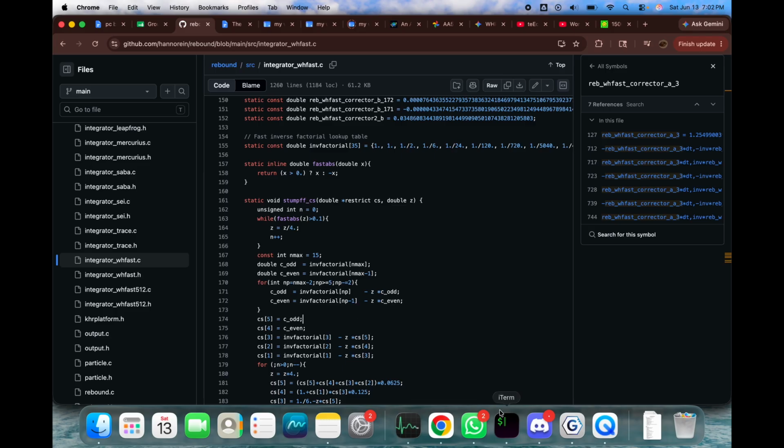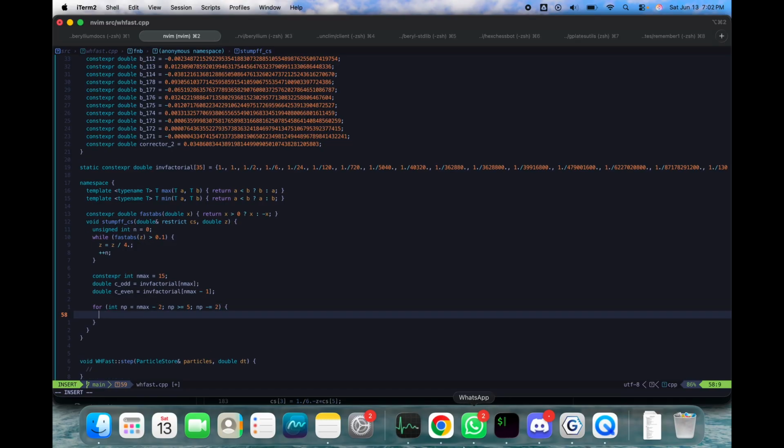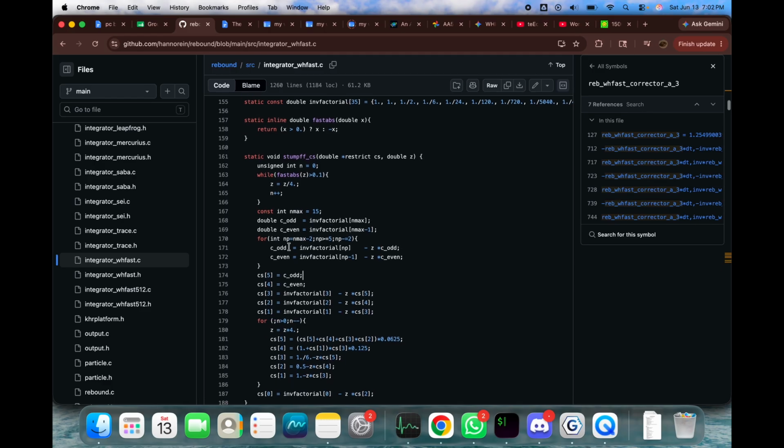Now, if np is greater than or equal to 5, we decrement by 2. I don't know what that's to do, but... And now, np minus equals 2. And C odd is this.